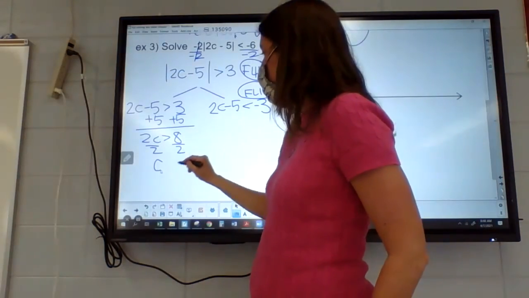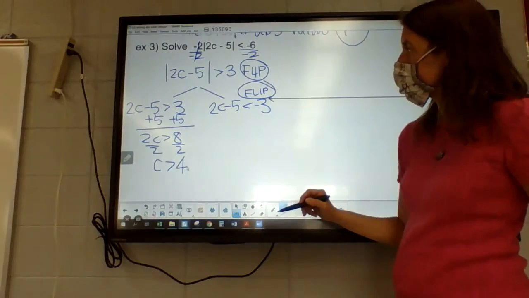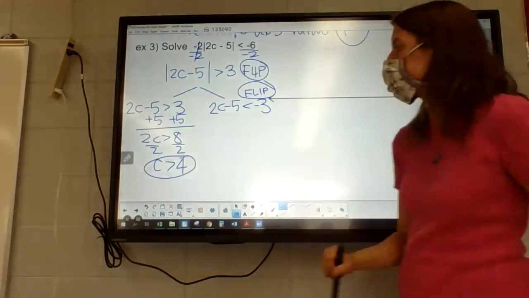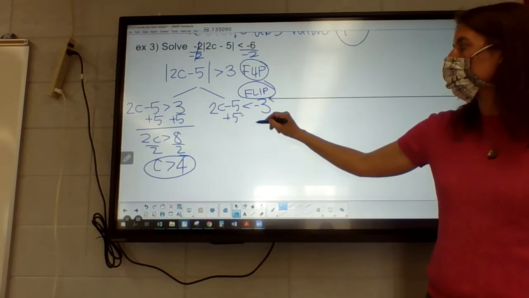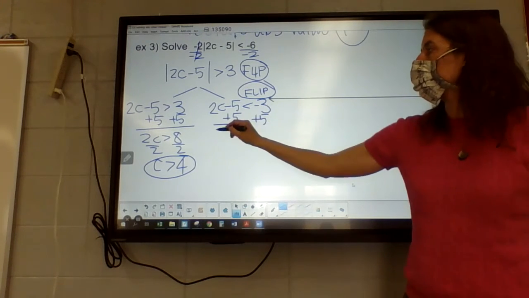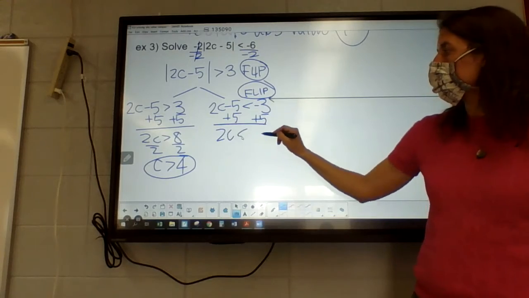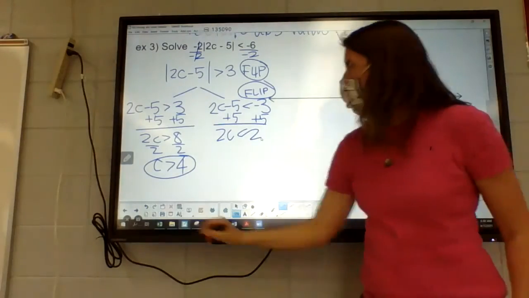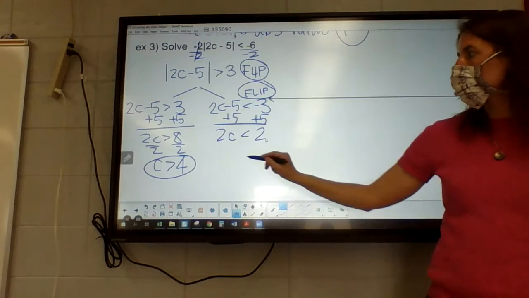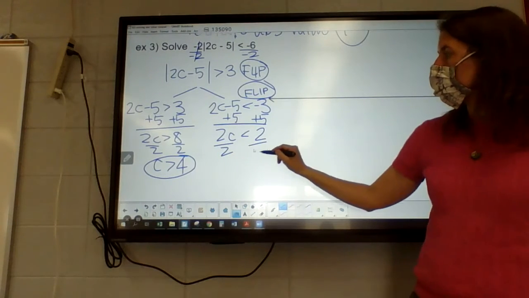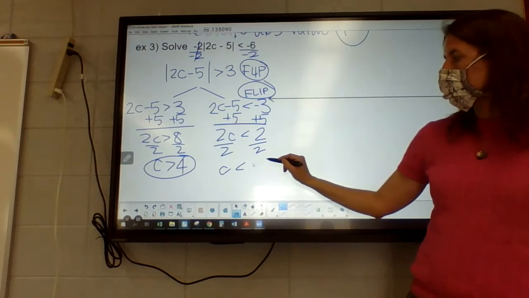So C is going to be greater than 4. That's half my answer. And then C is also going to be less than 1.